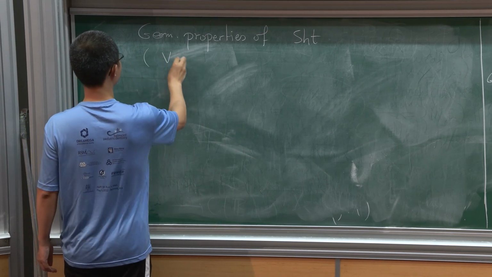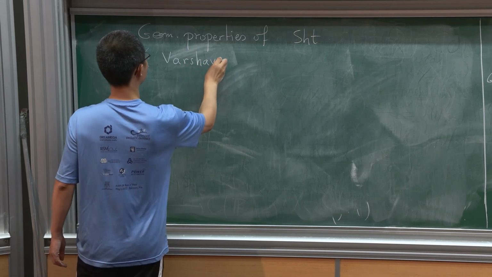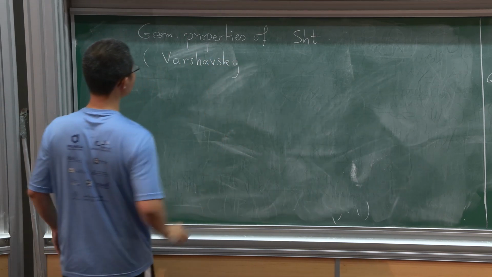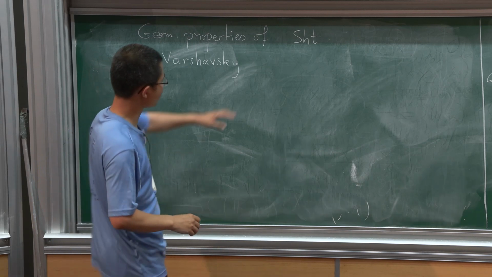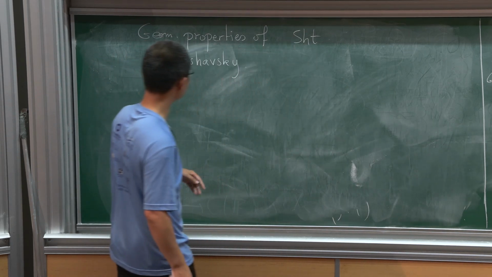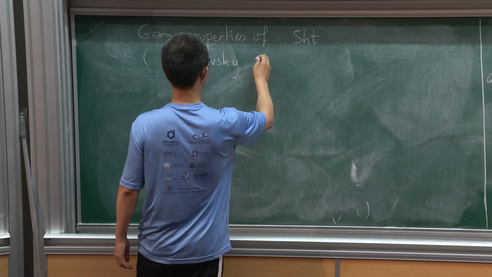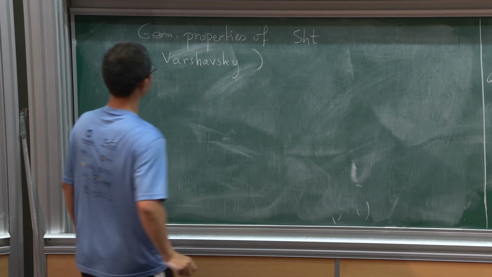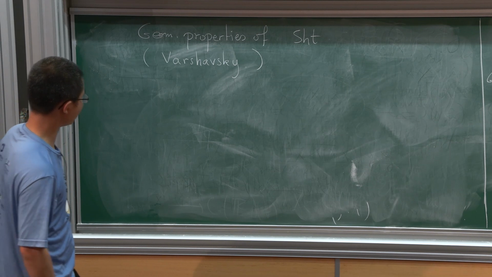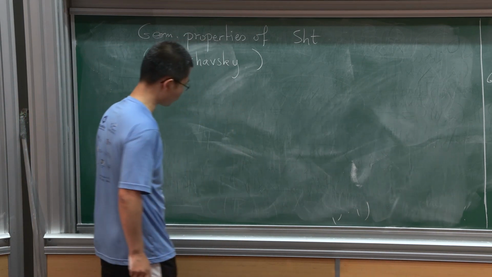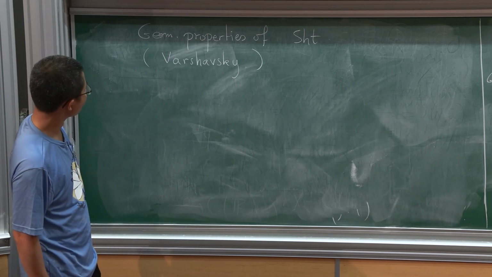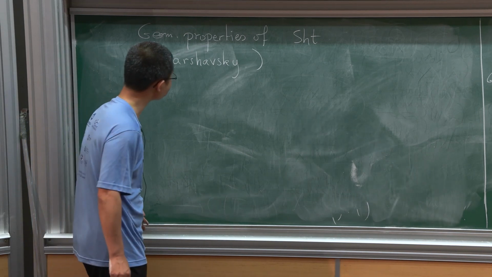So I'm mostly following Varshavsky, who introduced these general notions of Shtukas for arbitrary reductive groups and arbitrary legs around 2004. And that's what Vincent Lafforgue used to prove his big result.